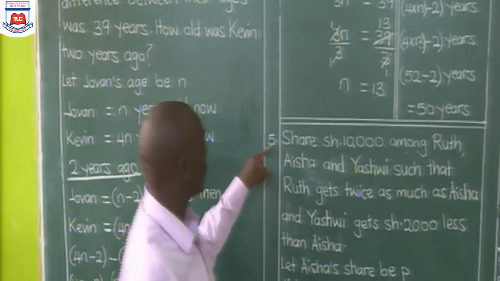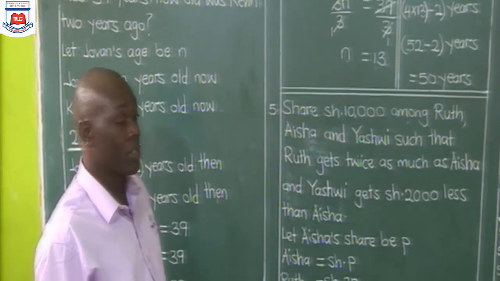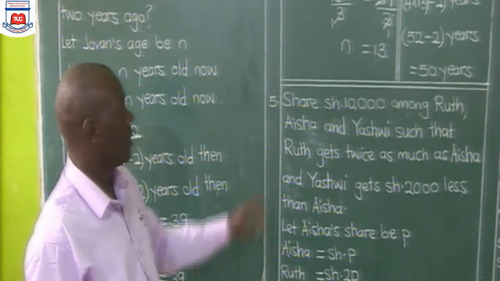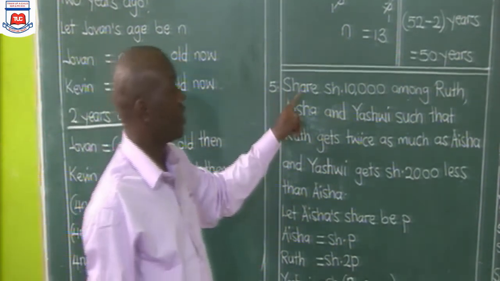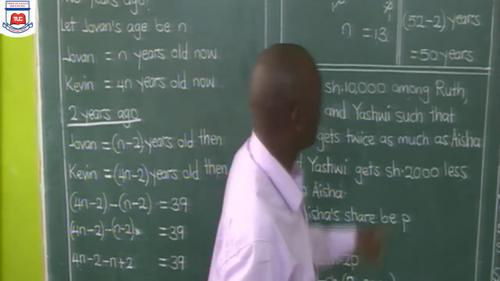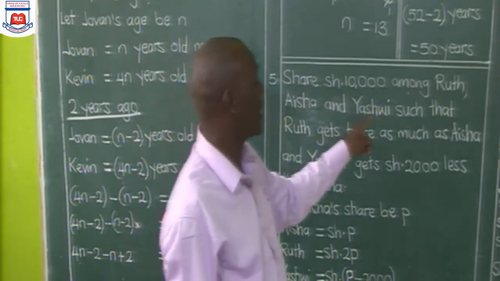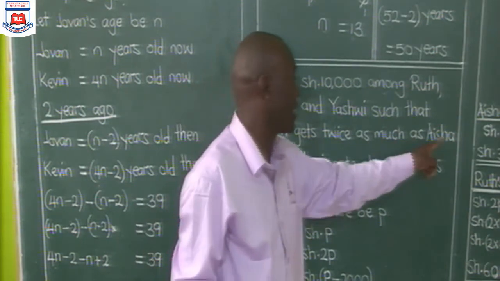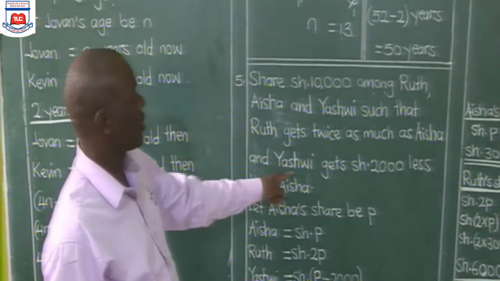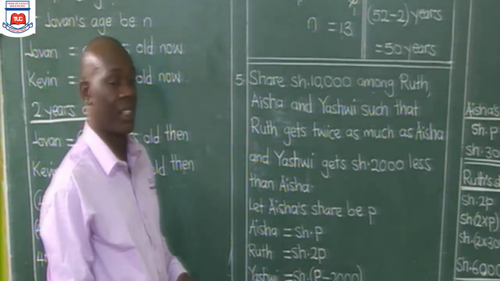We go to the example that we conclude our day today, which is number 5, which reads, share 10,000 shillings among Ruth, Aisha, and Yasri, such that Ruth gets twice as much as Aisha, and Yasri gets 2,000 shillings less than Aisha.